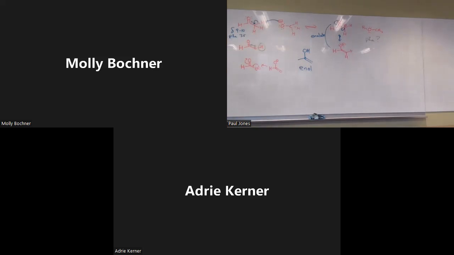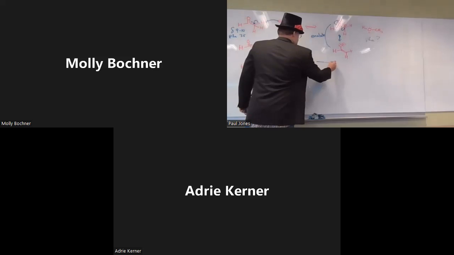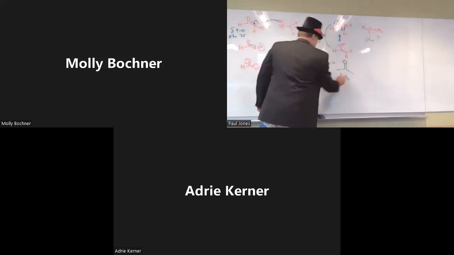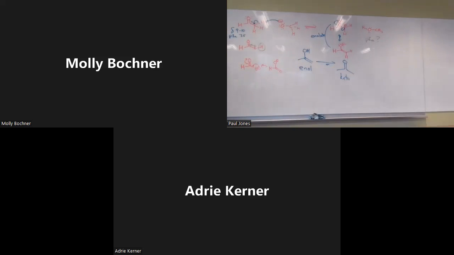The enol, generally speaking, greatly favors the keto form. All right, so if you have a ketone that's got an alpha proton at equilibrium in water, you're going to have like 1/10 millionth of a percent enol. Again, we'll go into that on Wednesday.